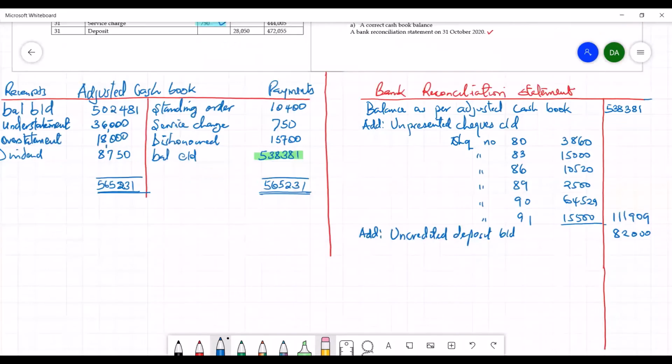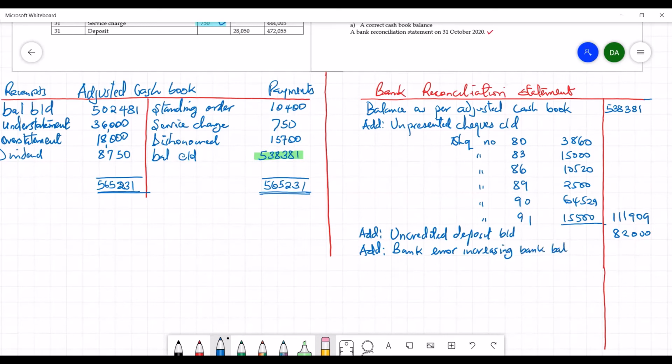Right, if we add all these, we are supposed to get a total of... again, we need to add bank errors, but we add bank errors which are increasing the bank balance.